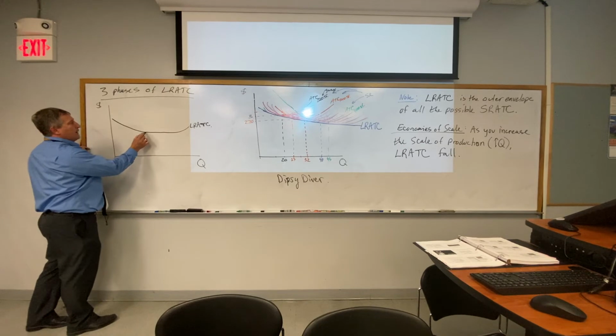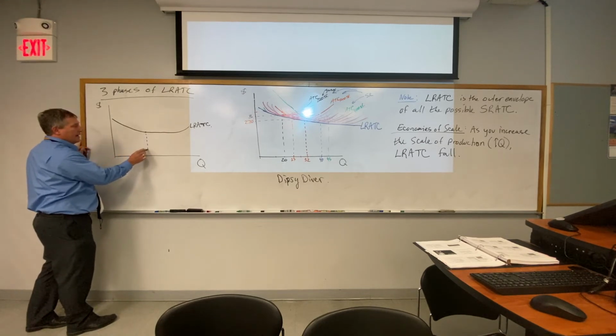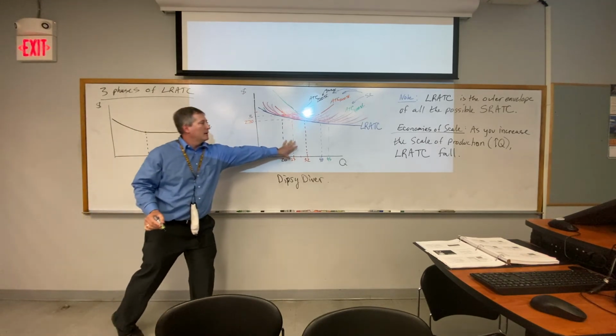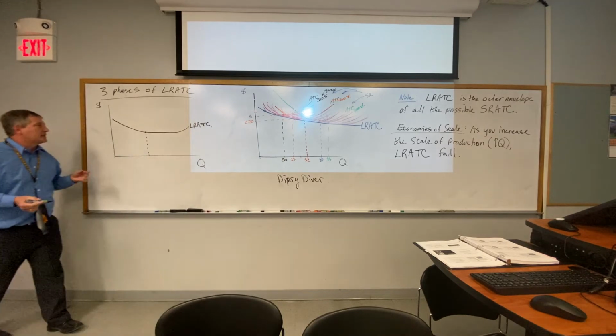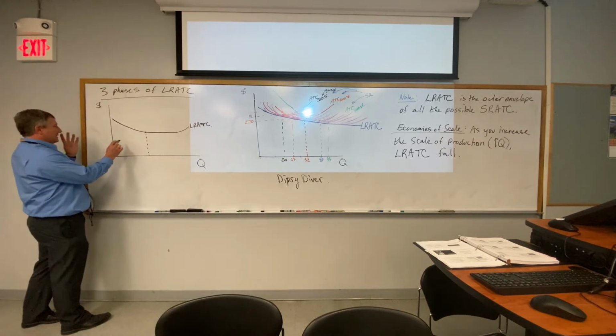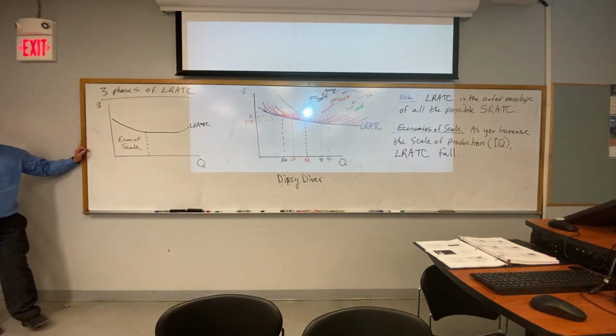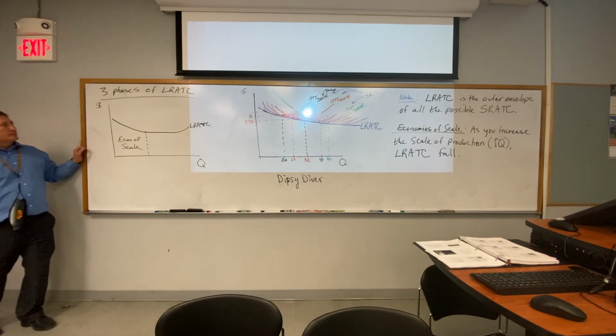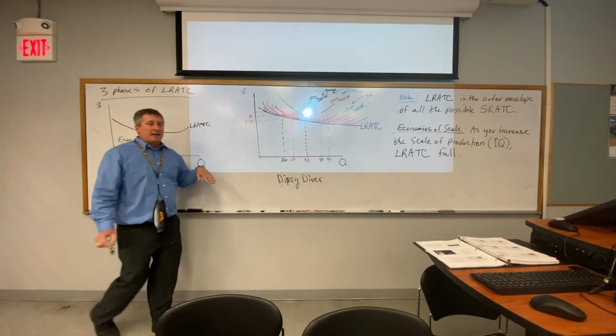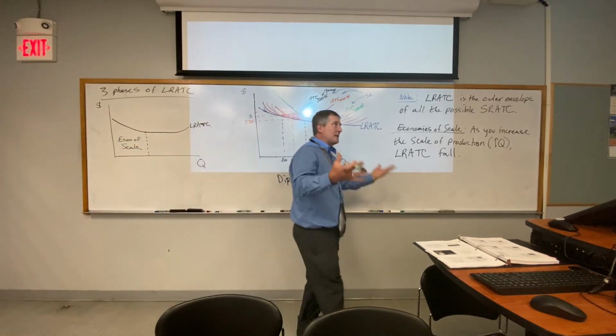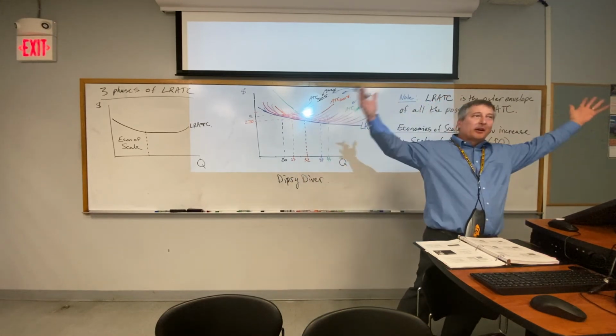And where it flattens out is all that I showed here, because that might be the relevant range of production. And so this is the area of economies of scale. But, you know, could Home Depot and Lowe's get bigger and bigger and bigger?